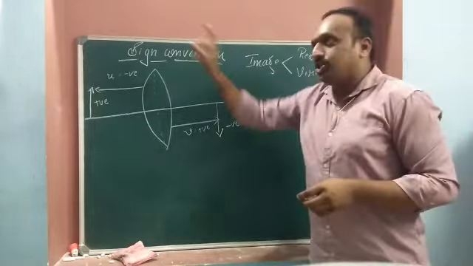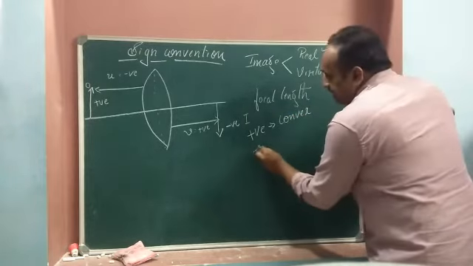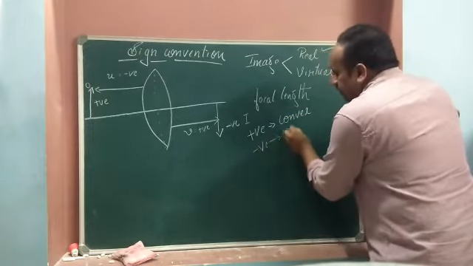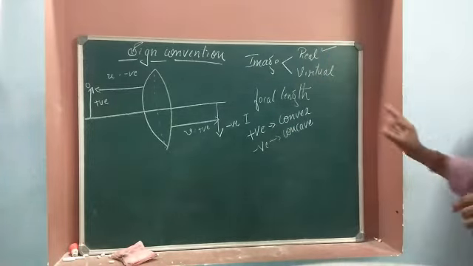So what is focal length? Focal length is the distance between the optic center and the principal focus. That will always be positive for convex lens and negative for concave lens. Remember this one, it is very important.